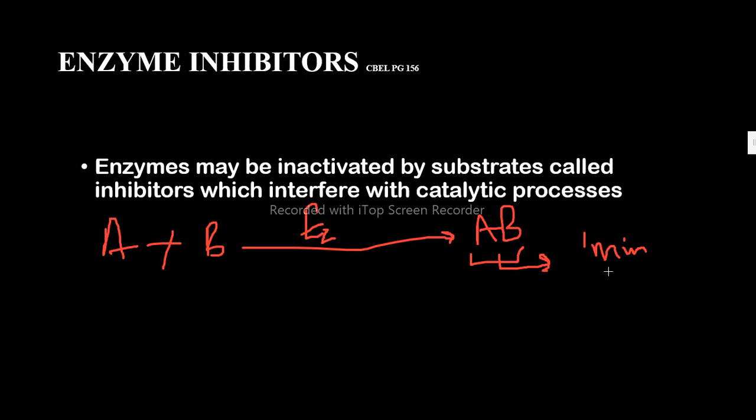If you form 10 AB molecules, divided by 60 seconds, that will be the rate. 10 out of 60, which is 0 point something.